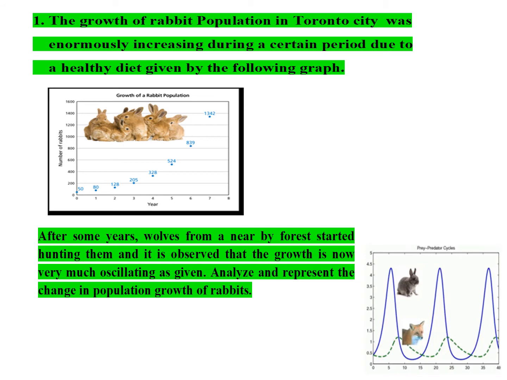The question is to analyze and represent the change that happened in the population growth of the rabbits. So just observe these two graphs and can you analyze the function which is representing these two different growths of the population.